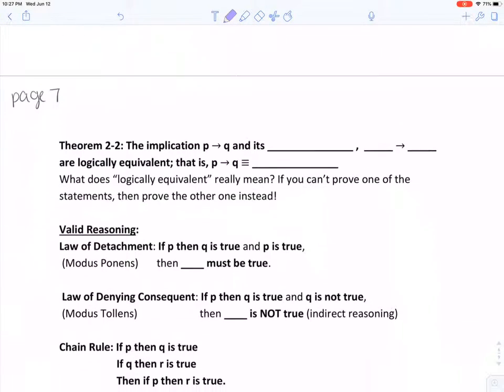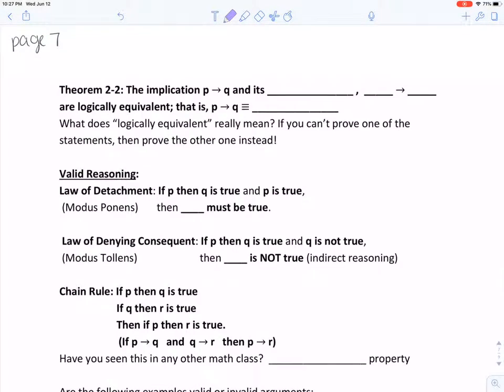All right, so let's look at some theorems going along with this idea of implications. My first theorem is theorem 2.2 out of your book, and it says that the implication, if P then Q, and its contrapositive, which says if not Q, then not P, are logically equivalent.